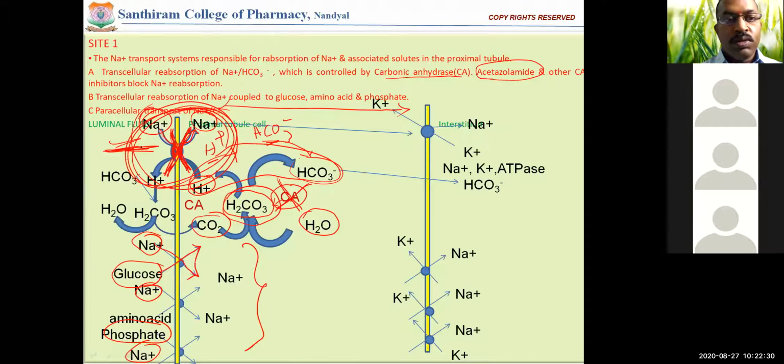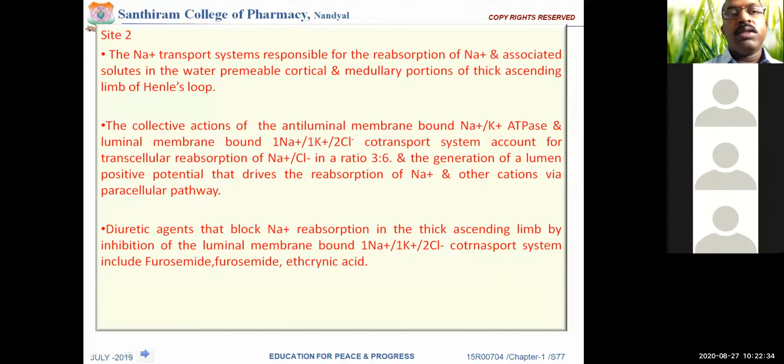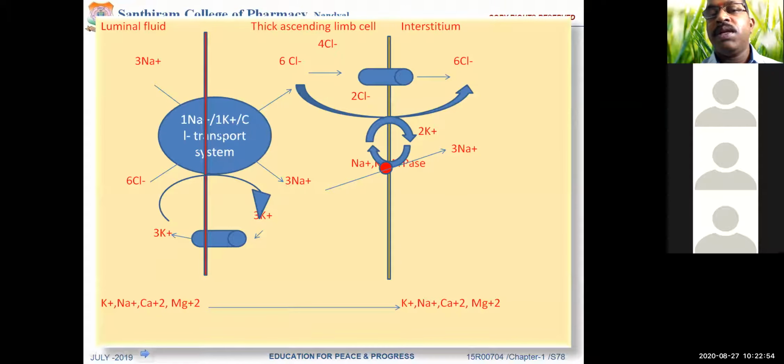Okay. Then moving to the next slide, that is site 2. We have seen that at the proximal tubule, we have to inhibit the reabsorption of sodium ion, which can be done by the inhibition of the carbonic anhydrase enzyme. Then in site 2, the Na+ K+ Cl- transport system is being inhibited.